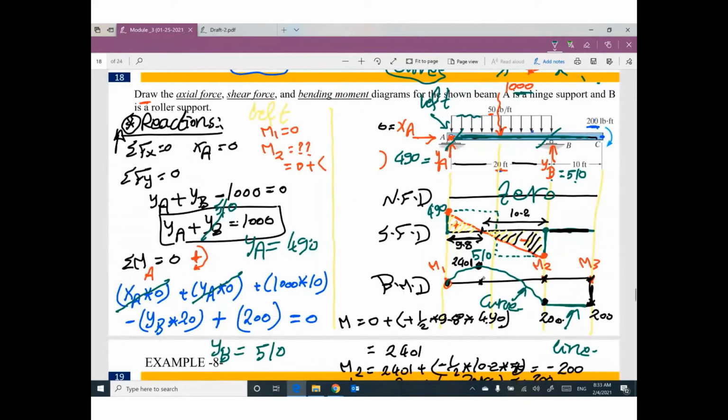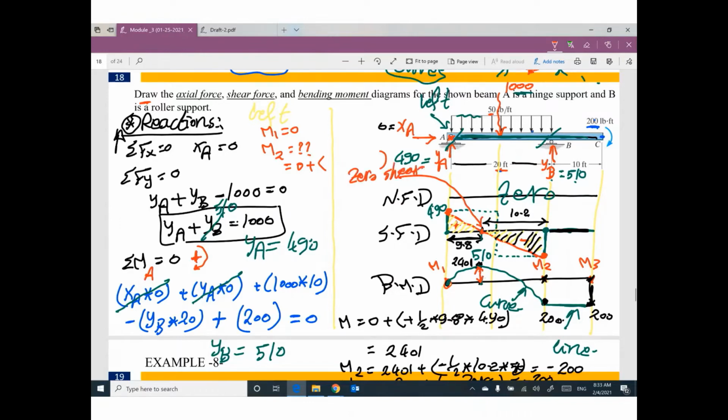By the way, the value of the moment at this location will be the highest value of this parabola, because this location is a point of zero shear.